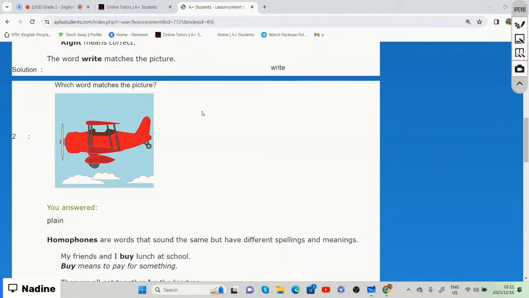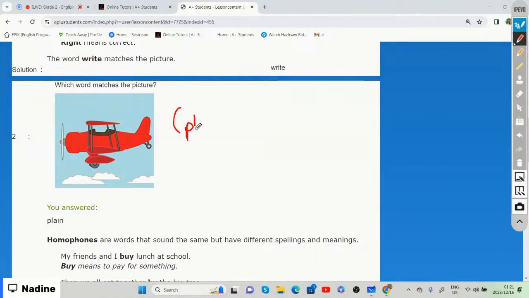So now we need to match the word with the picture, right? We have plain and we have plane. Which one is the correct one? Plain or plane? That matches with this picture over here.